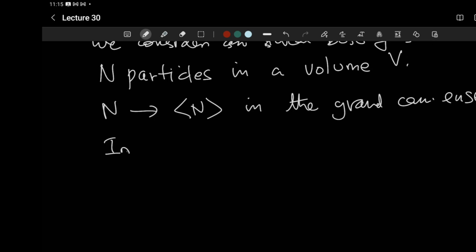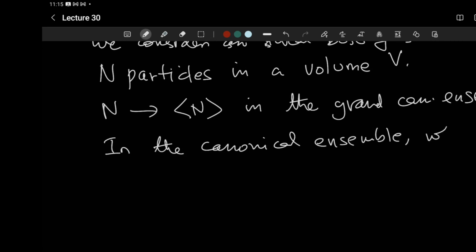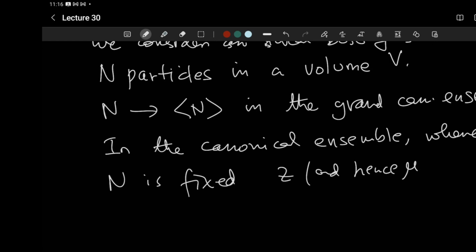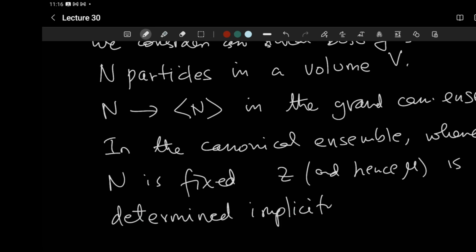So we can invert. In the canonical ensemble, where N is fixed, z and hence mu, the chemical potential, is determined implicitly by the equation which we wrote.